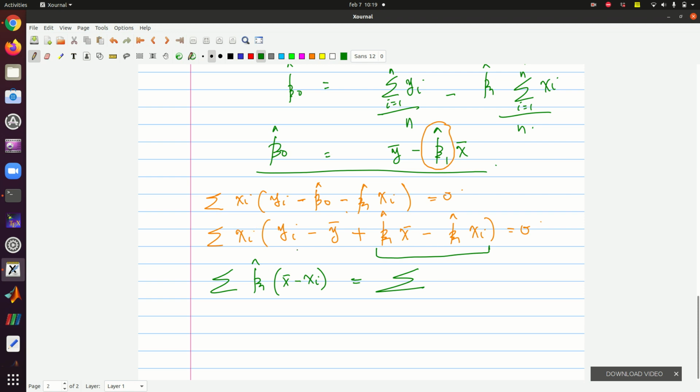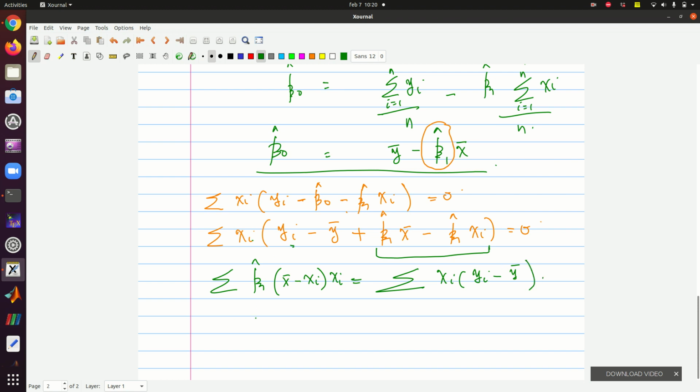I think it is multiplied by xi outside here, I should not forget that. So we are multiplying it by xi. And on the right hand side, what do we have? The rest, which is xi times yi minus y bar. I think, yes, that's it.